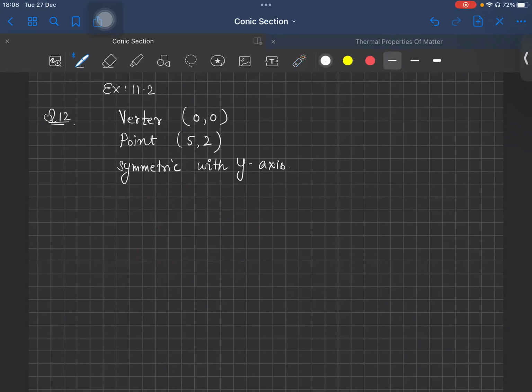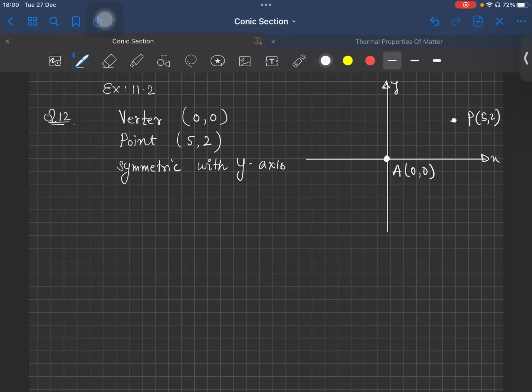See, everyone, please try to understand this. Whenever you are given any equation, first always draw the graph. This is just a reference graph, not the actual graph. So this is your y, and this is x. Now it said the vertex is at the origin, so point A is at the vertex. It is passing through some point P, which is 5, 2.